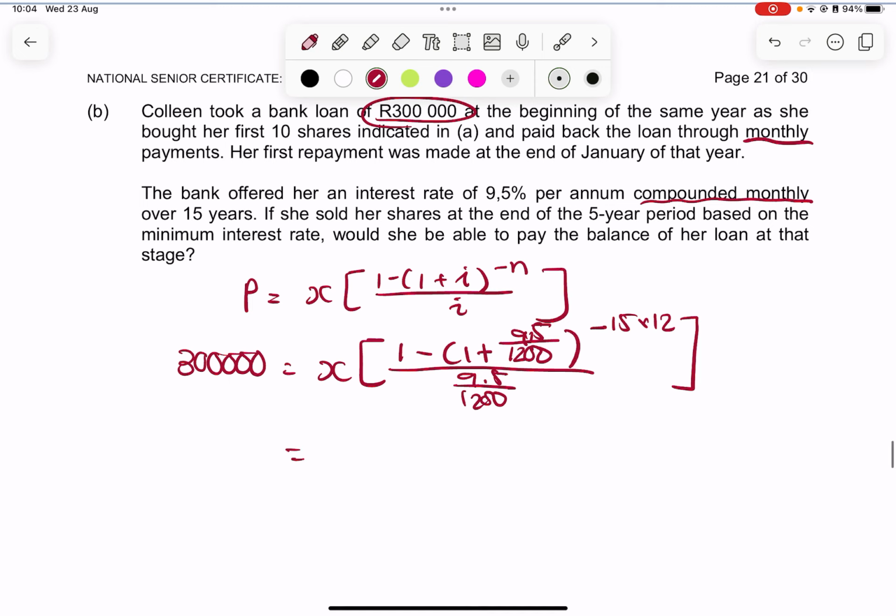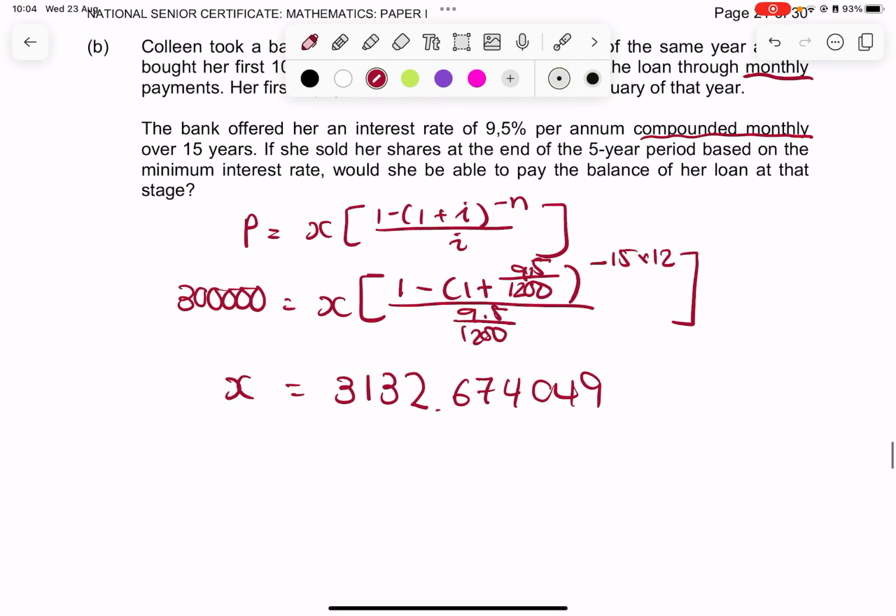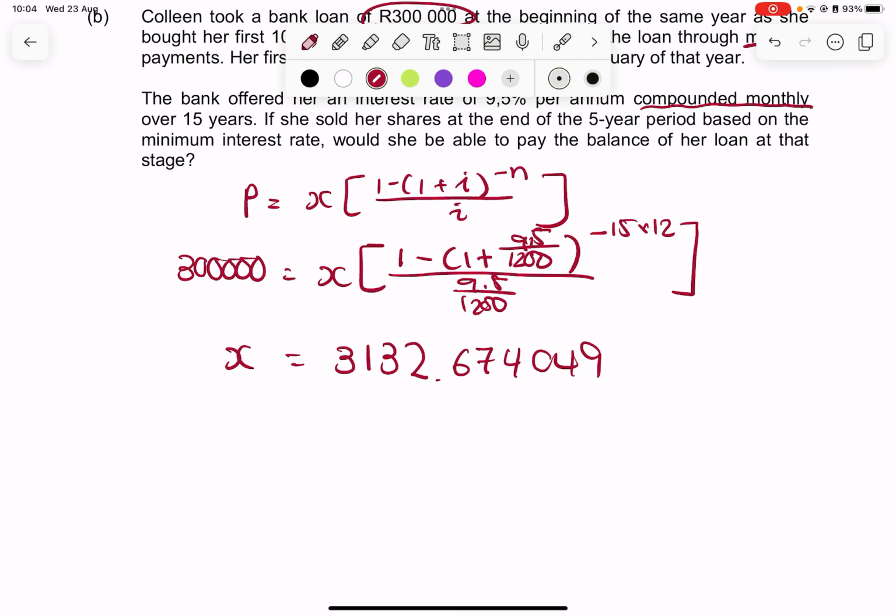Put that all in your calculator and divide. You would get that it equals 3,132.674049. We don't want to round off early, so we're keeping that. So this is the monthly repayment.